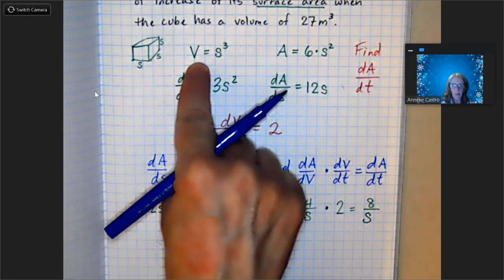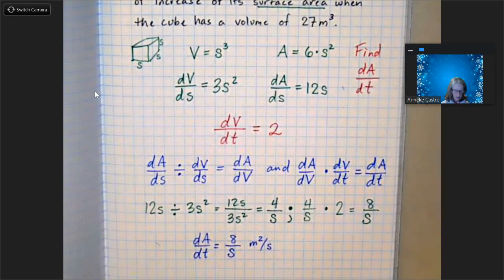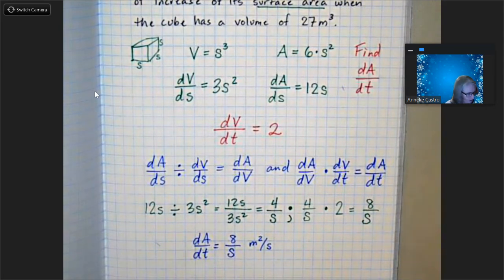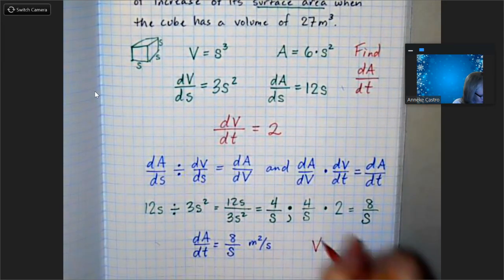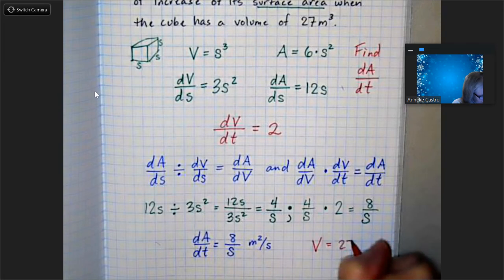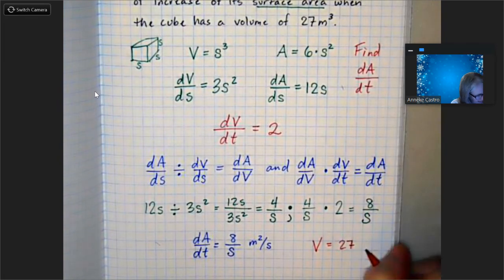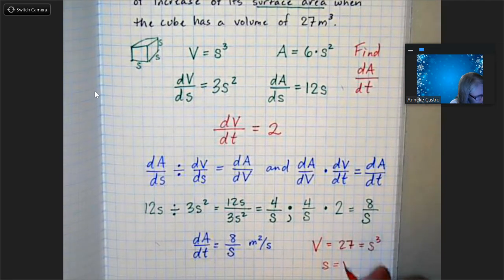But fortunately, we have a formula for that. Volume equals s cubed. So I know that my volume is equal to 27, and that's equal to s cubed. So to solve for s, s is equal to the cube root of 27. So that means s is equal to 3.